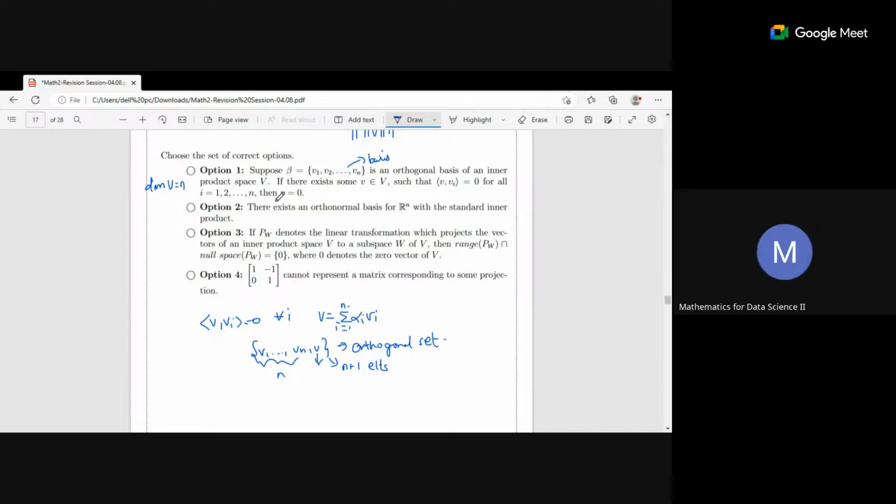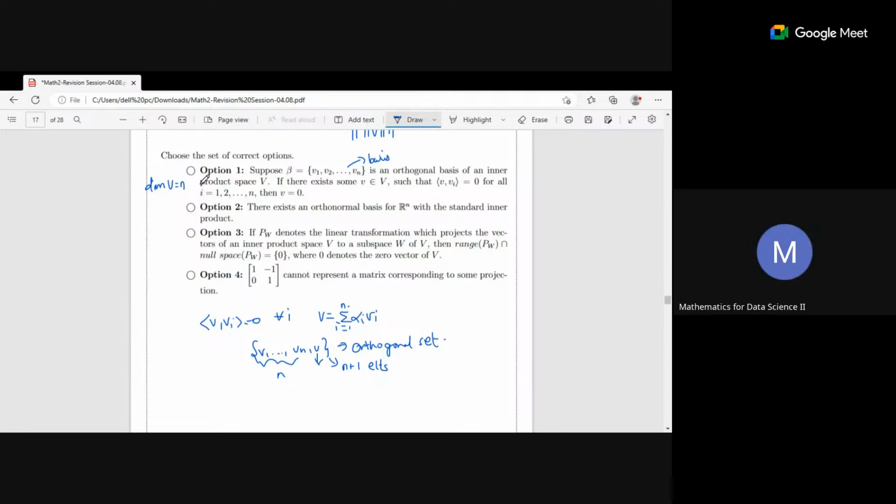So it's another orthogonal vector, which is not possible. Any orthogonal set will have only n vectors, as the dimension of the domain is n. It can have a maximum of n vectors, or fewer for a basis.